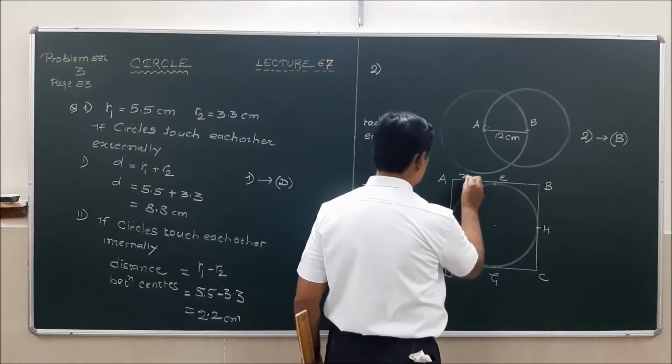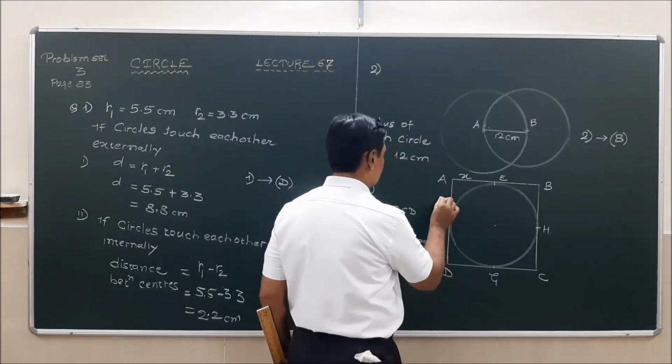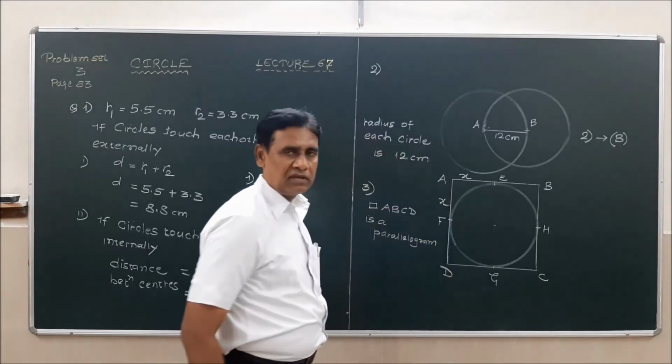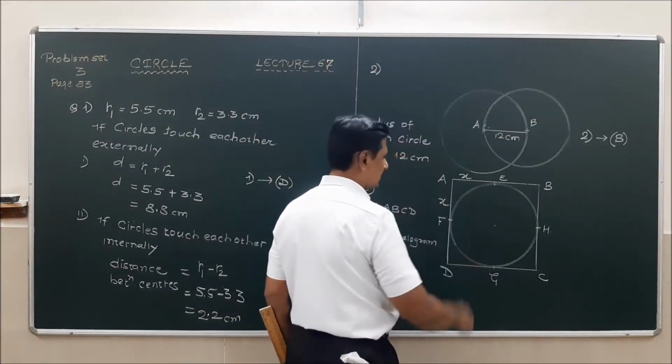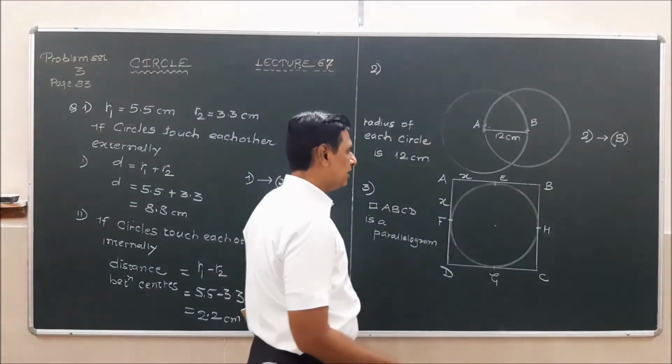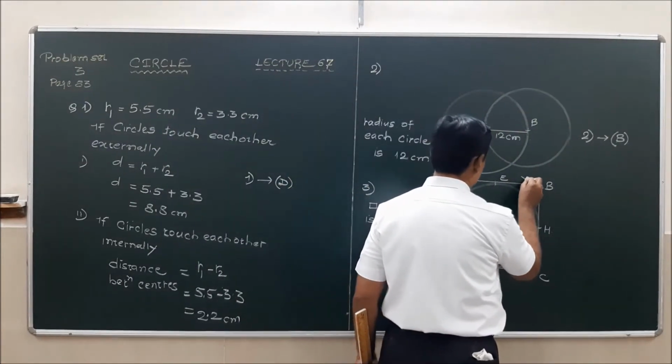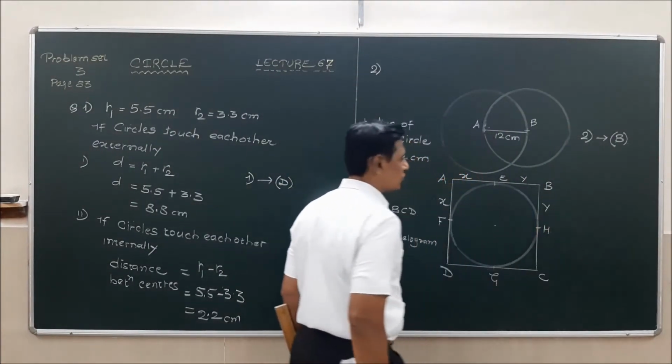If I take this as x, this is also x. The reason is very simple: tangents drawn from the same exterior point are congruent. Likewise, if I take this as y, this is also y.